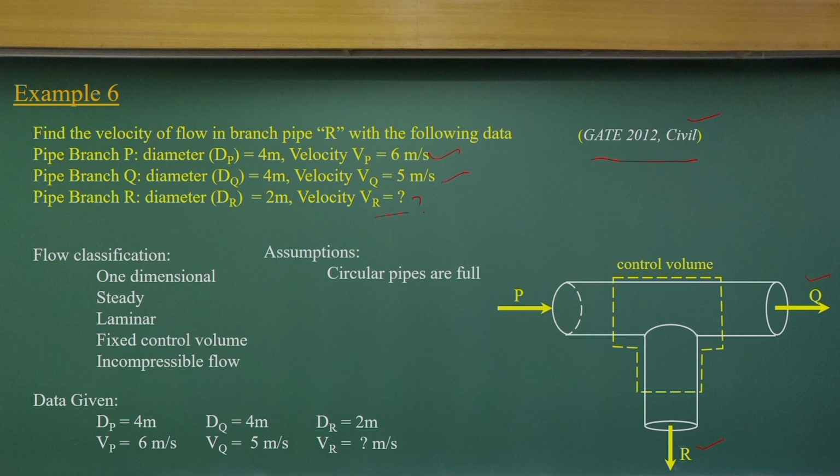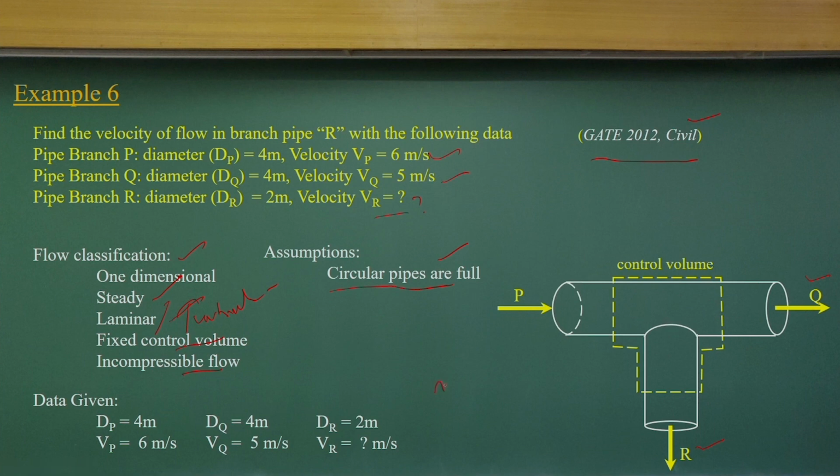You can see that this problem is one-dimensional and steady, the velocity is given, the pipes are circular, and the flow could be laminar or turbulent. We do not know. It has a fixed control volume and is incompressible. So, these are very simple problems. We will just apply the control volume and try to find out the mass influx coming in and going out.